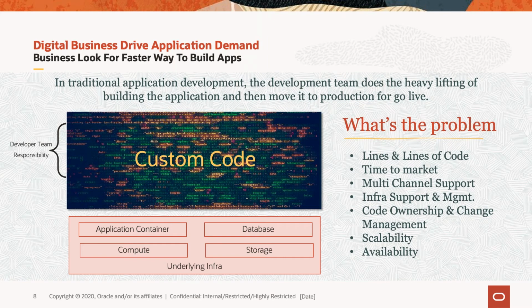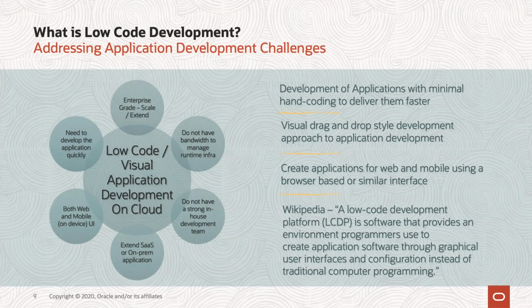What will actually help us address these application development challenges, right, is introducing a development platform, which is a low-code development platform. Now, what is actually low-code, right? According to Wikipedia, a low-code development platform is software that provides an environment for programmers to create application software through a graphical user interface and configuration instead of traditional computer coding, right?